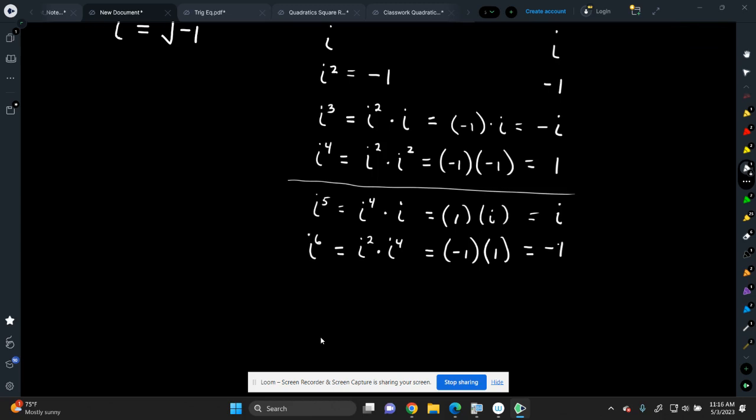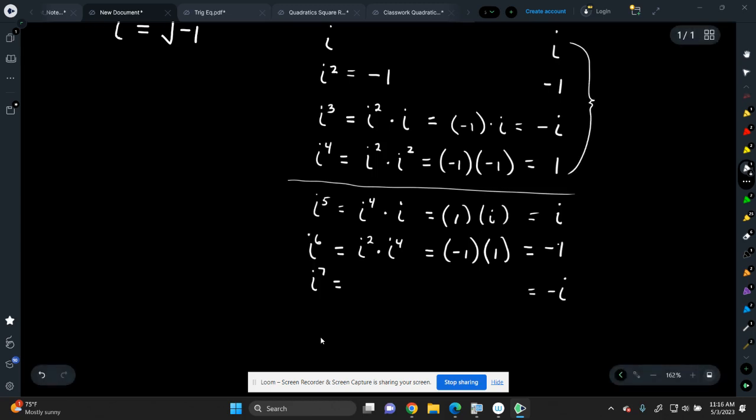Can you guess what i to the seventh is going to equal? Negative i, yes. How did you know that? It's following a pattern, yeah. Look, it's following the pattern. So what do you think i to the 8th will equal? 1. i, negative 1, negative i, 1.